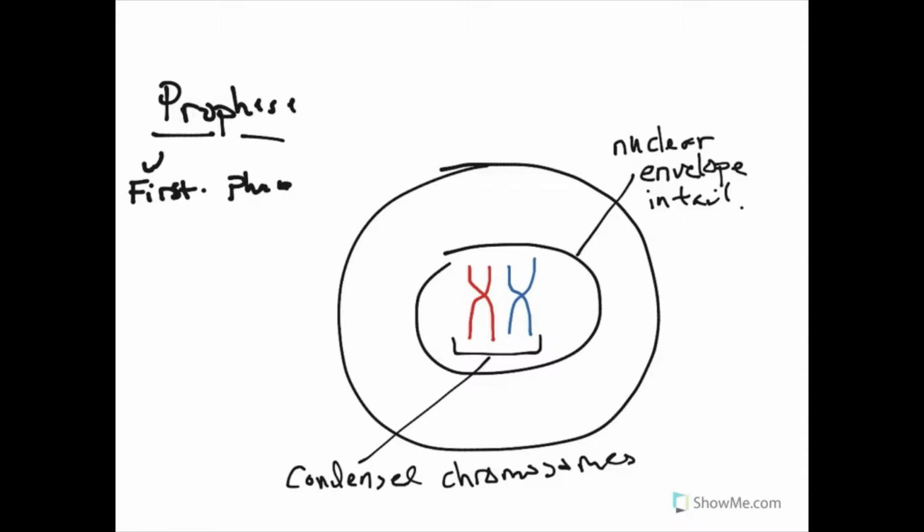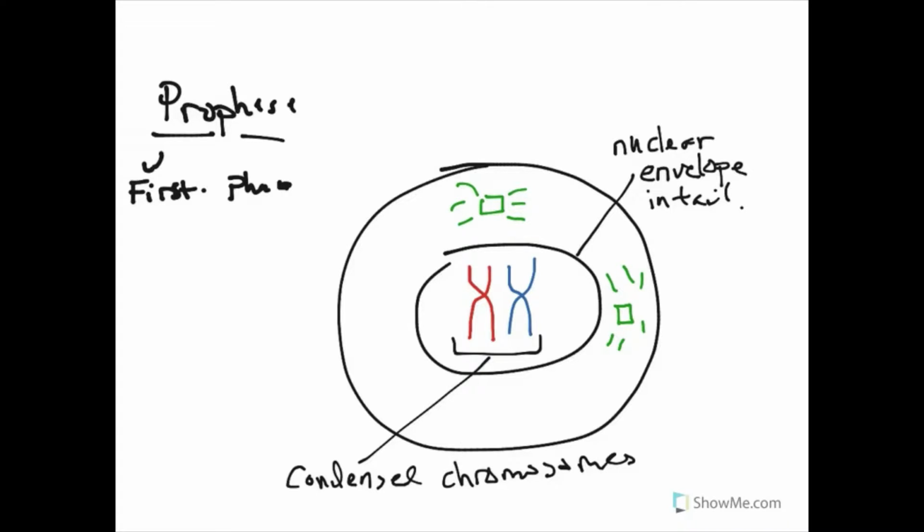Chromosomes have condensed. The other thing you're going to notice is, sorry, this was supposed to have been in green here, that my little centrosomes, they are beginning to separate here. They are separating.